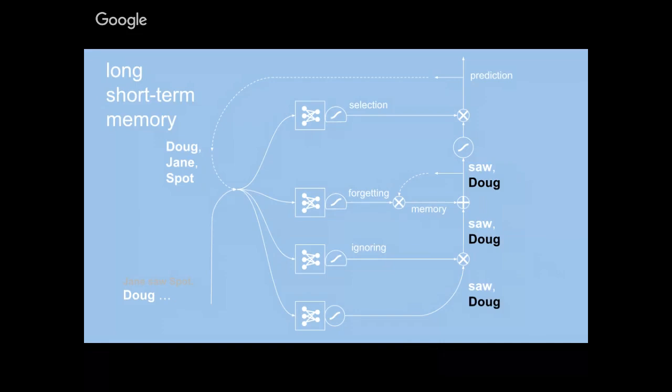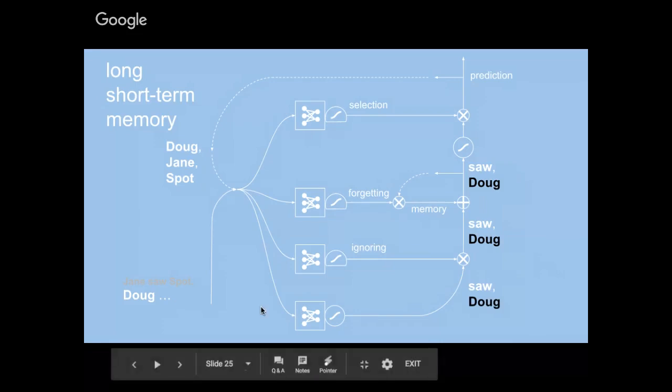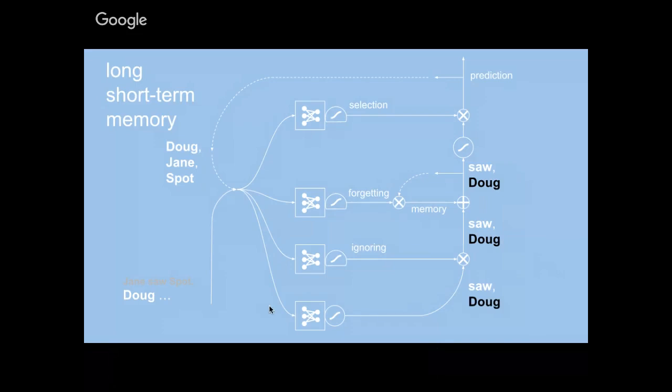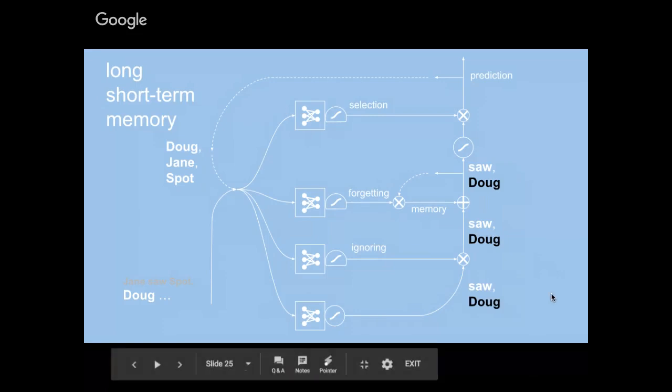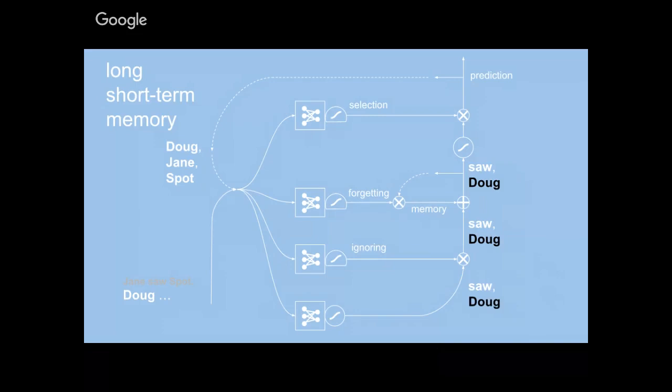It depends on your task. I'm not sure what your task is. Doug saw someone. I'm not sure whether this is the right task, but I think you mean what did Doug see, or what's the output at the next step, right? So Doug shouldn't see himself, so he should have been ignored.